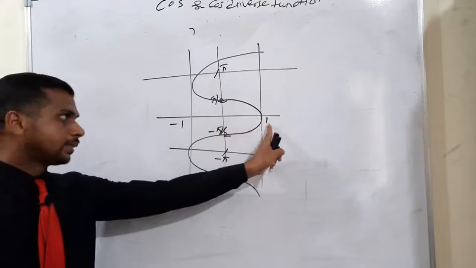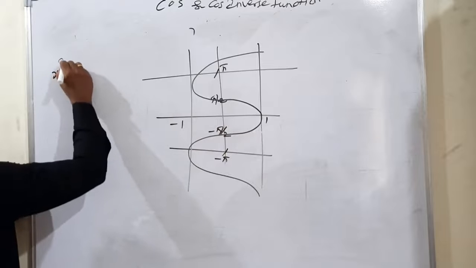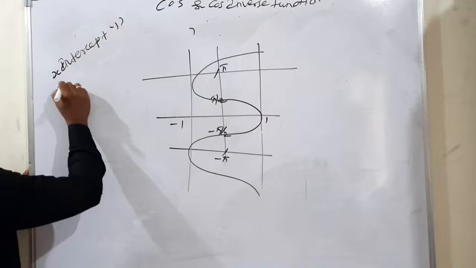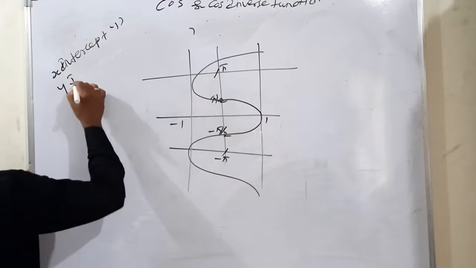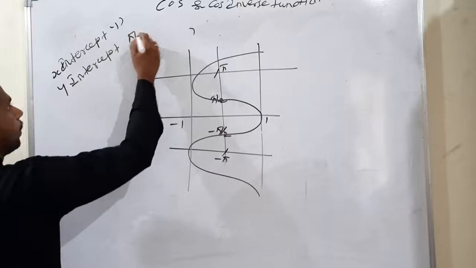the x intercept meets at the point 1, but the y intercept is pi by 2, isn't it? The origin, the y intercept is pi by 2, so it is totally different.